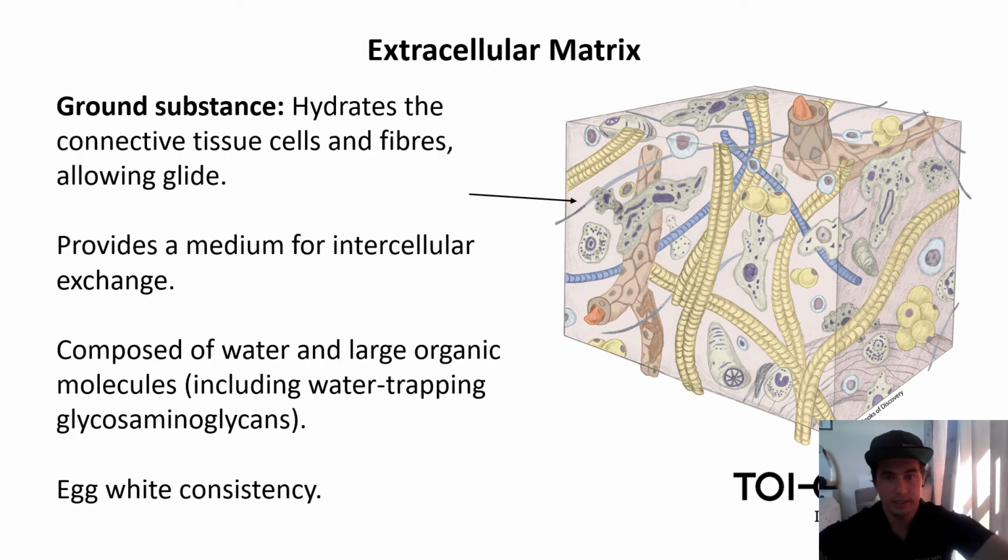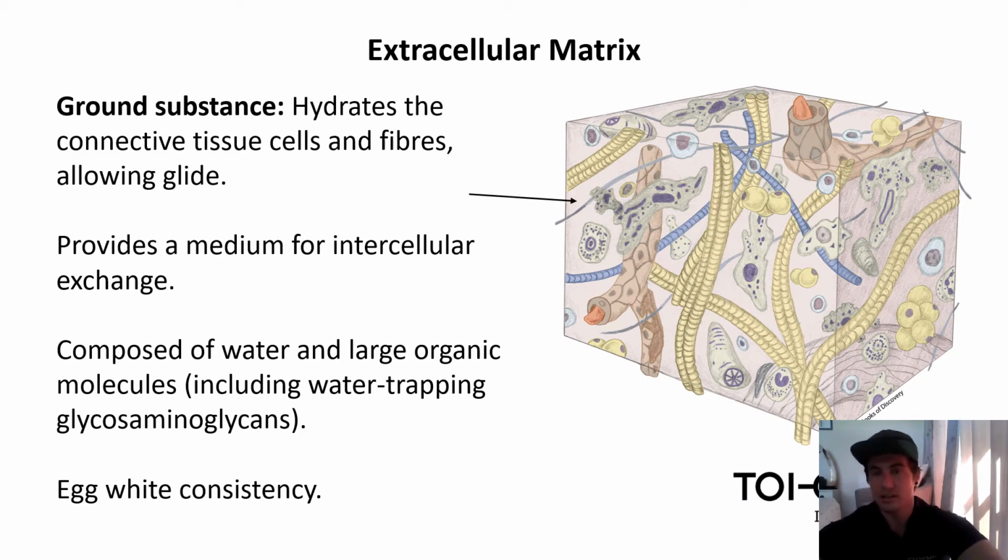The ground substance within the extracellular matrix has the function of hydrating connective tissue cells and the fibers, allowing movement, a glide to happen between those structures, and it provides a medium for intercellular exchange.